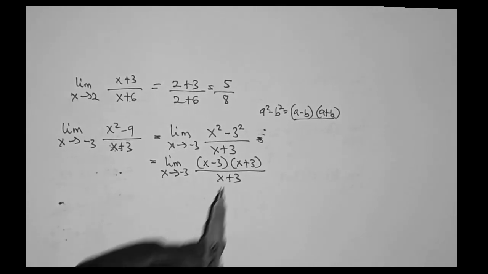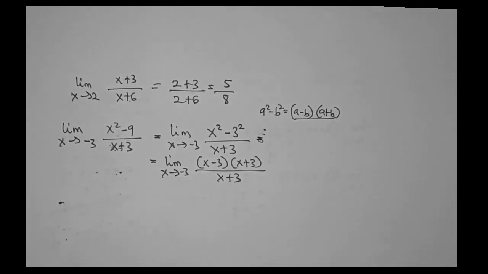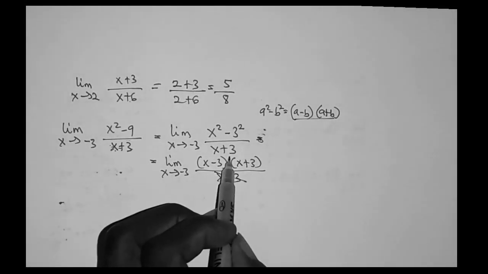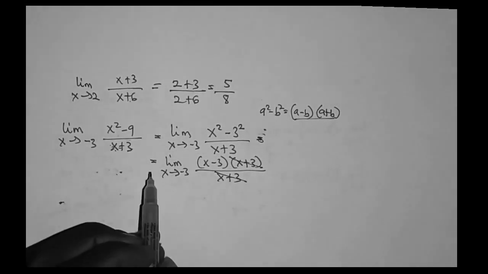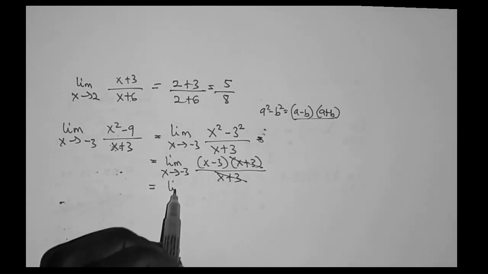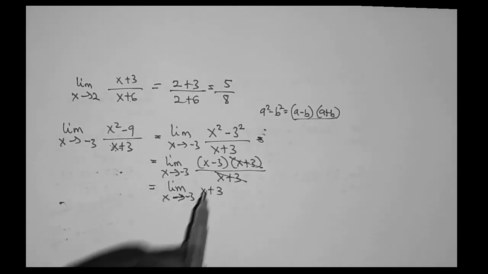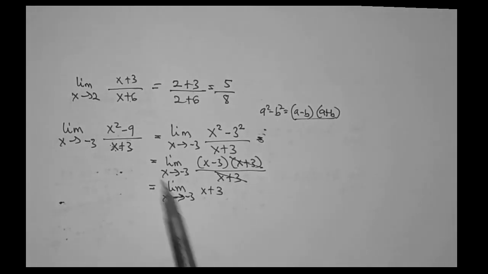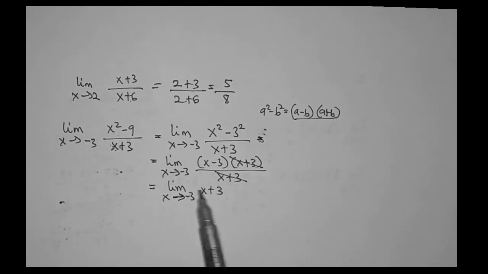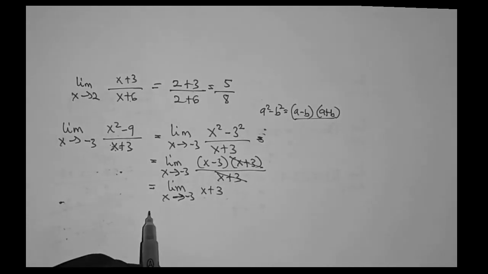So you see that using this expansion, we can cancel out x plus 3 and x plus 3. So the limit is now the limit as x approaches minus 3 of x minus 3. At this point, if we put in the value of x, this function still remains defined, so we can go ahead.